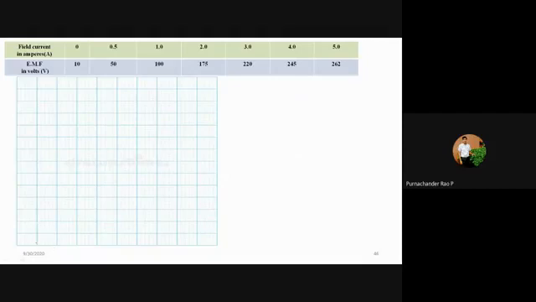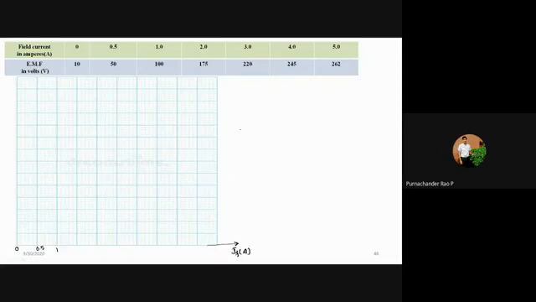Here I will consider 0, and now this one is 0.5 amperes, 1 ampere. So on the x-axis, I'm taking the field current.